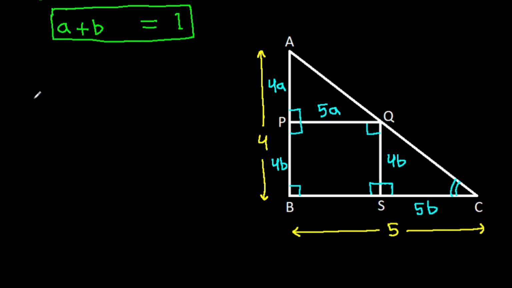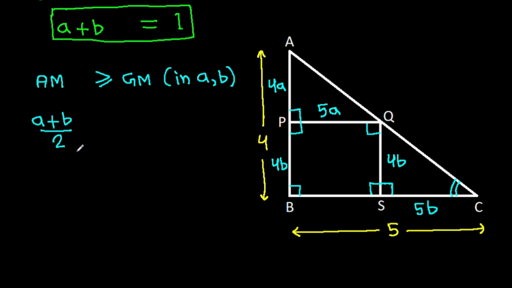Now if we use AM greater than or equal to GM in A and B, then AM of A and B will be A plus B over 2.